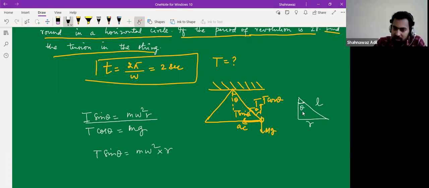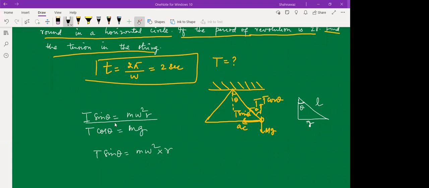So let's say that we have to calculate r, right? So we have given this r and this is L, and this is the answer for which question? For the tension.